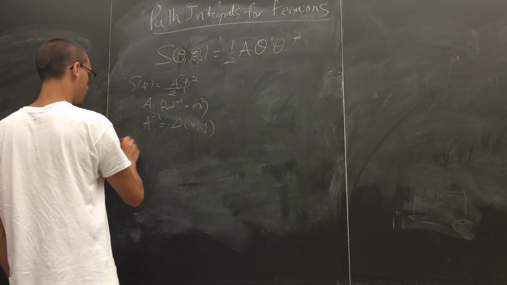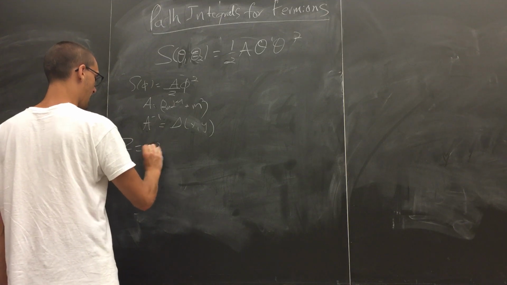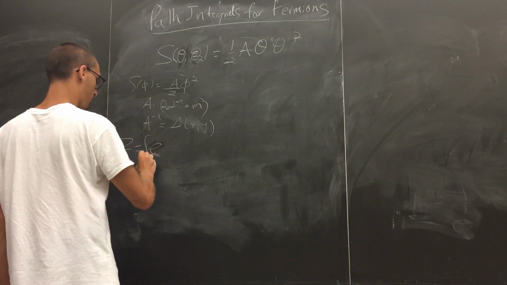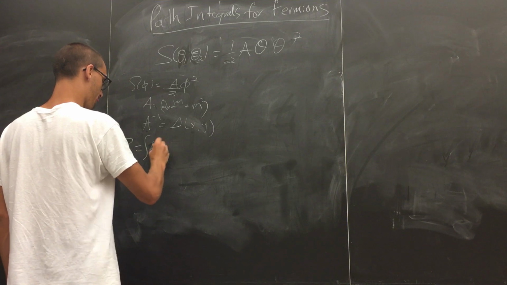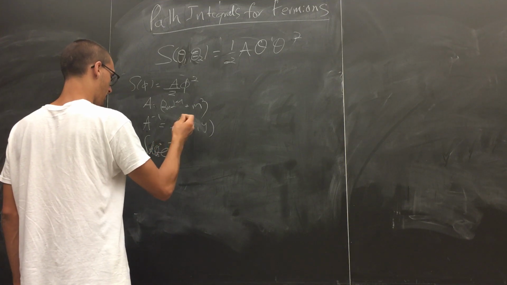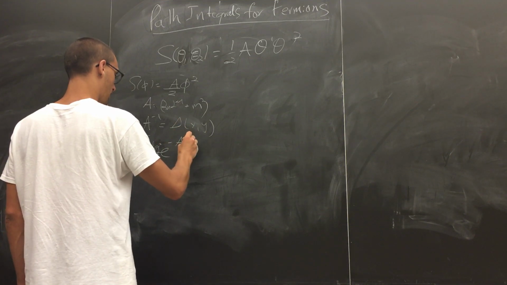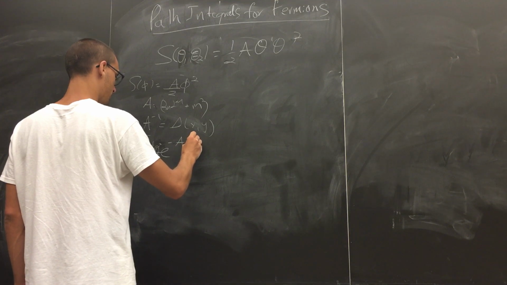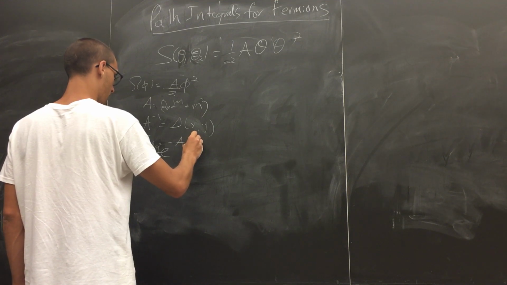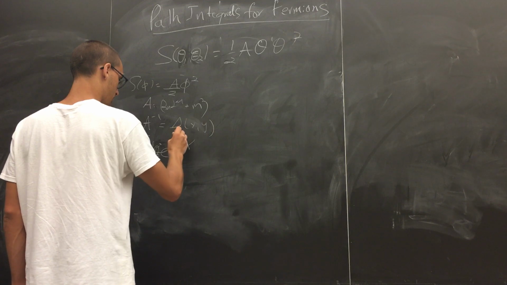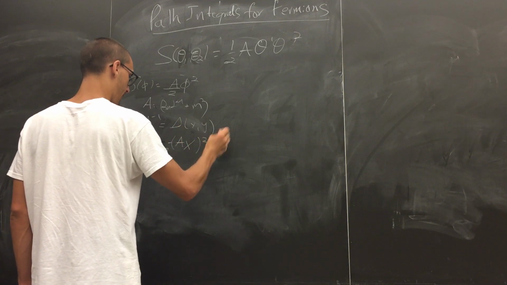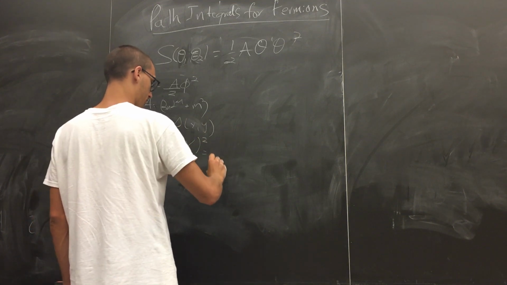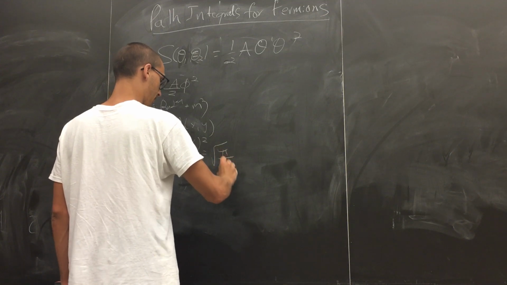So once we took the partition function, it was just a gamma function. We integrated over all the fields, and what we ended up with was just a gamma type function: pi to the power, and a determinant of A.